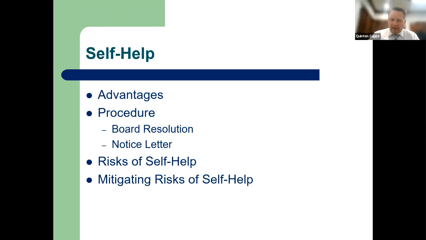If you have an owner who doesn't care, has $1,000 in fines, the only way you're going to collect those fines is if you sue him or her personally for those fines. You file a lawsuit and your damages are the fines that were incurred, or they voluntarily pay them. Fines are not part of your lien.